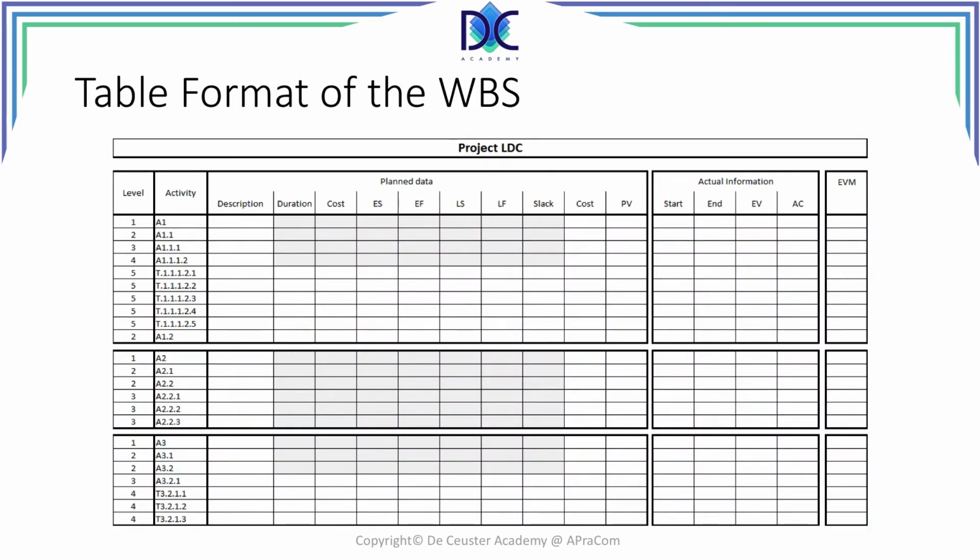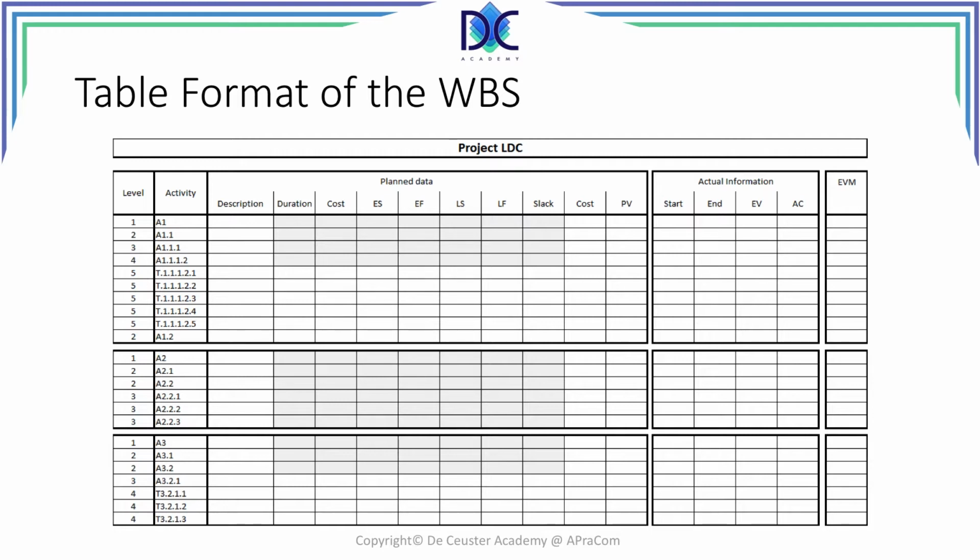On the other hand, we can also have a table format of the WBS. This is typically the case when we have a project management program. We have the different levels, the different activities. We can have information about the description, the duration, cost, early start, early finish, and so on.